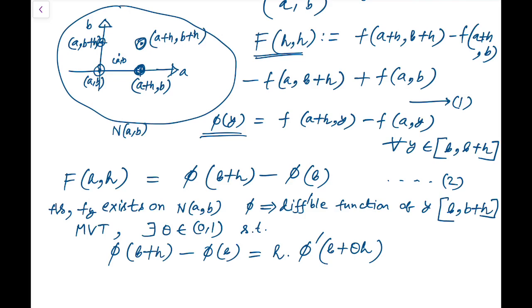So now phi of (b plus h) minus phi of b, by equation 2, is equal to F of (h, h). Now we are writing the right hand side. What is at the right hand side?